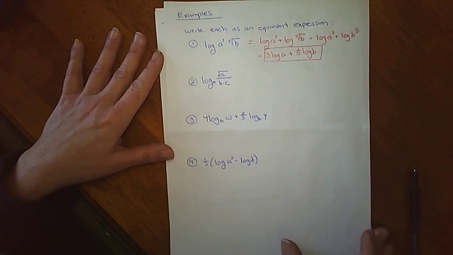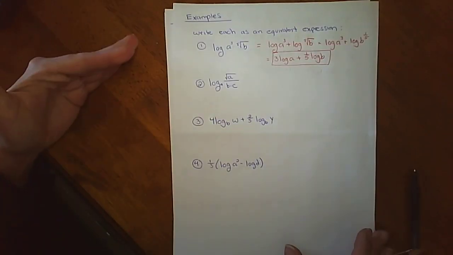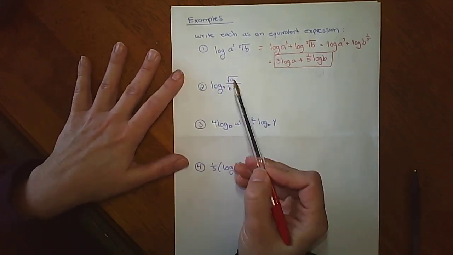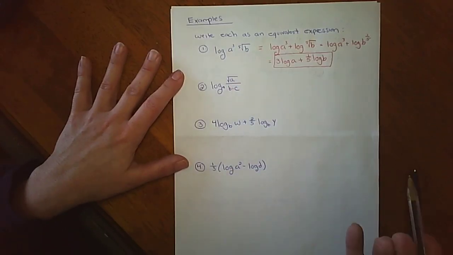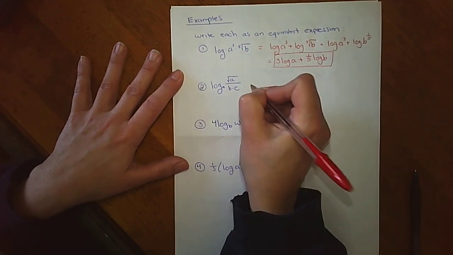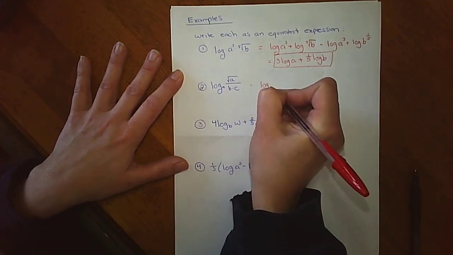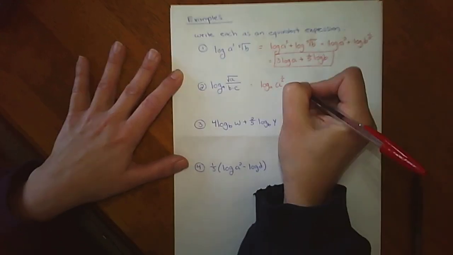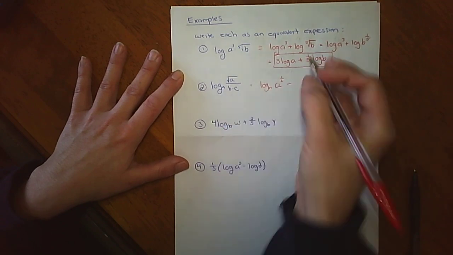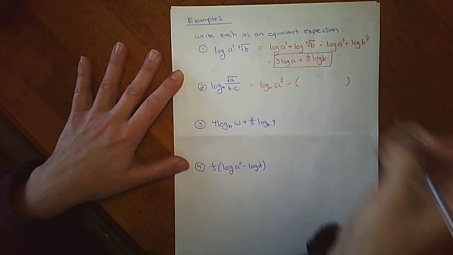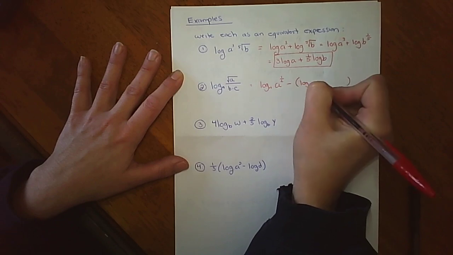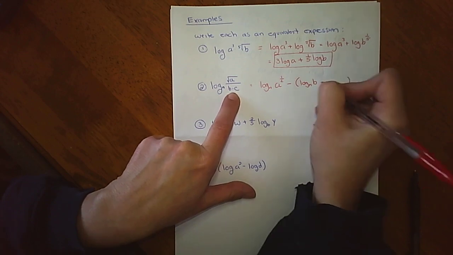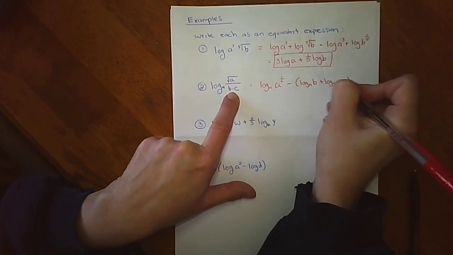So now let's give this one a try. So we see it's division, so I'm hoping you're thinking, hey, that can change into a subtraction question. And the other thing I'm going to do is the radical a, I'm going to make that into a 1/2 power. So to start, this becomes log n a to the 1/2 minus, now there's more than one thing in the denominator, so that means I'm going to put it in parentheses, minus log n b, but notice that's being multiplied to c, so that means I can change that into an addition.